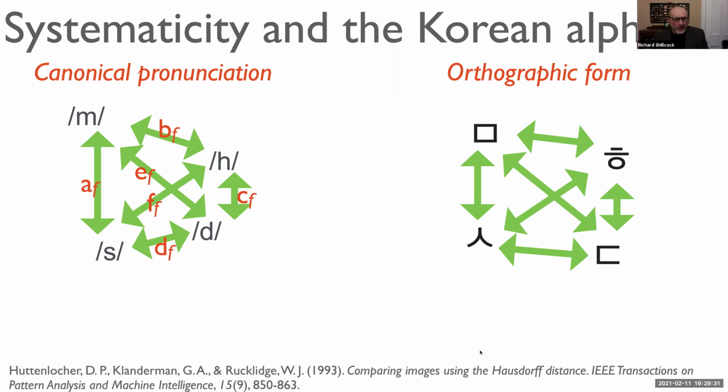We used something here called Hausdorff distance, which is a very computational approach. It's essentially based on the overlap between the pixels in the drawing here and the drawing here. So the letter for M, the letter for H, to what extent do the pixels overlap?